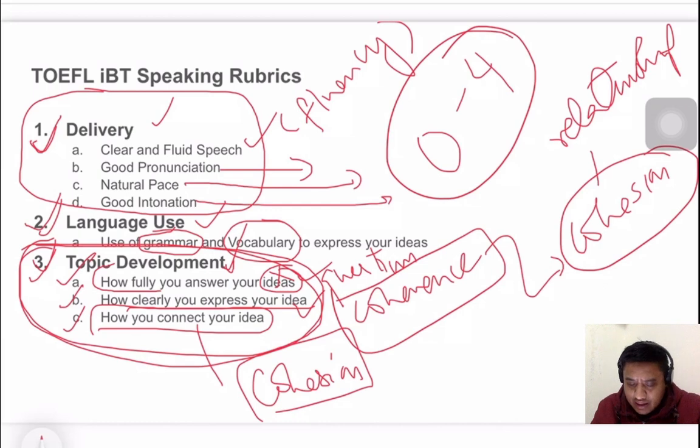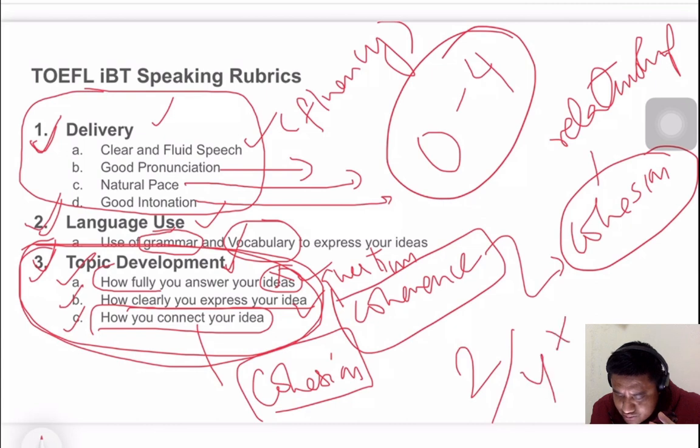So let's say we score 2, right? What does it mean? Now you know that speaking is scored out of 30, right? But by using the rubric, your score is between 0 and 4. So this score of 0 to 4 needs to be converted to 0 to 30. So if you score 2, then 2 divided by 4 times 30.